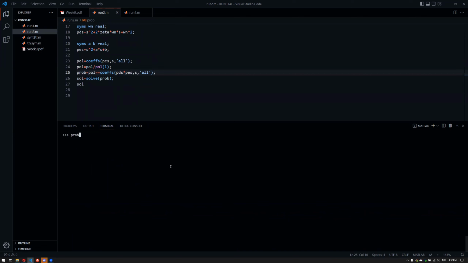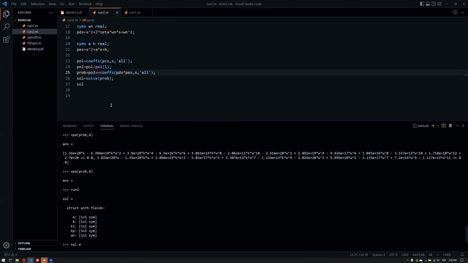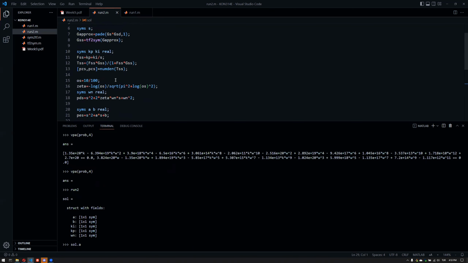So yeah, now we have a solution. I'm checking a and b; if they're positive, it is a solution for omega n. Well, it seems to be stable, but omega n is equal to 0, so that's not nice. So it seems like we still have some issues here.